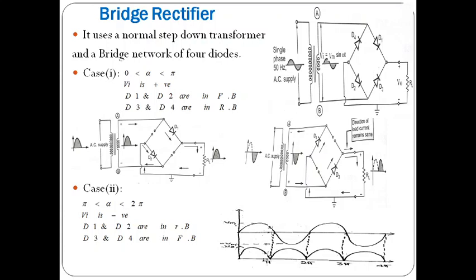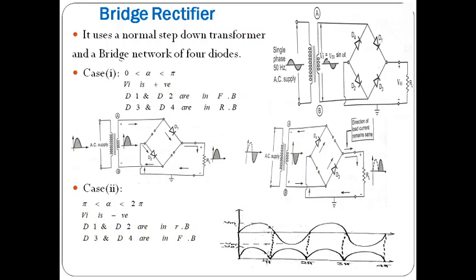Whatever input we applied appears at the output, but it is inverted because the current flows in the opposite direction. So when you apply the positive half cycle, 2 diodes are in conduction and 2 diodes are open circuited. When you consider the negative half cycle, again 2 diodes are in conduction and 2 are open circuited.